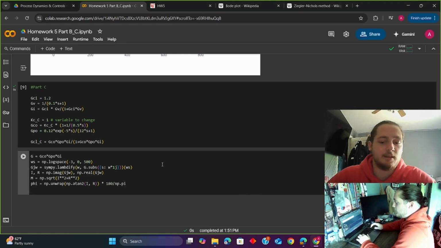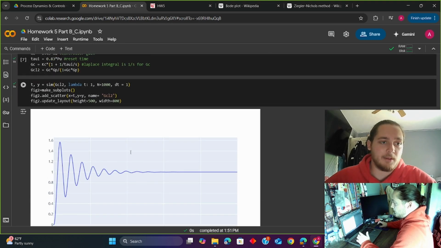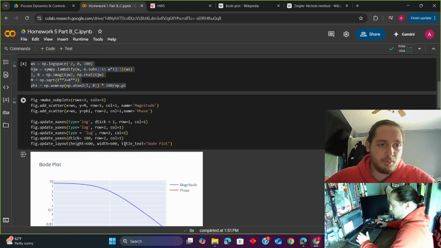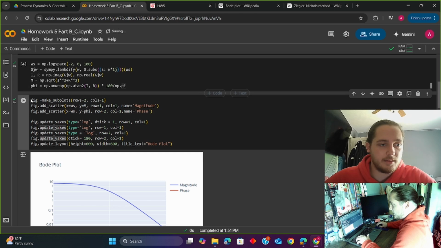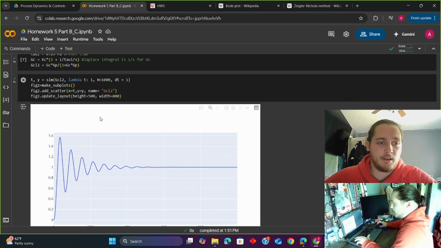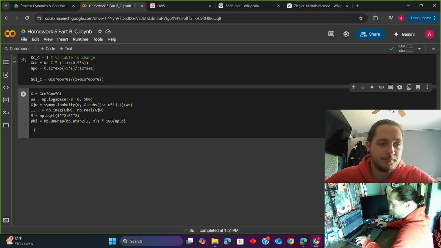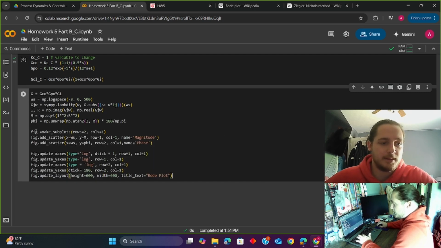So now that we have this, we now want to go ahead and grab our previous plotting cell. So we can go ahead and select this, Control C, come all the way down here, Control V, paste this in.